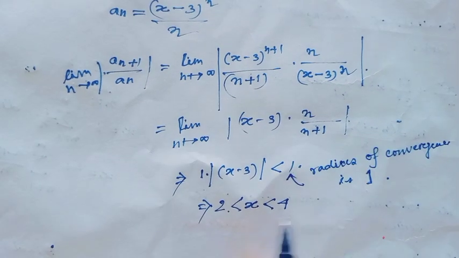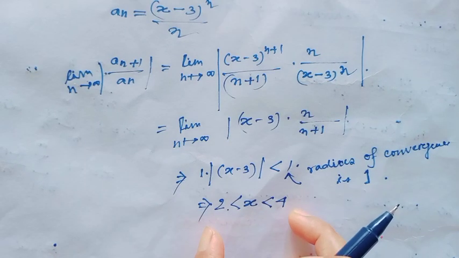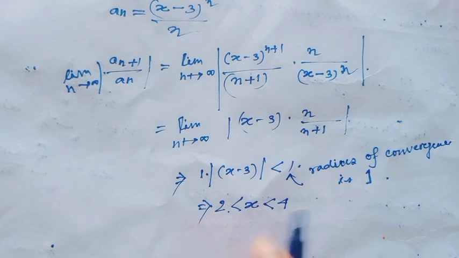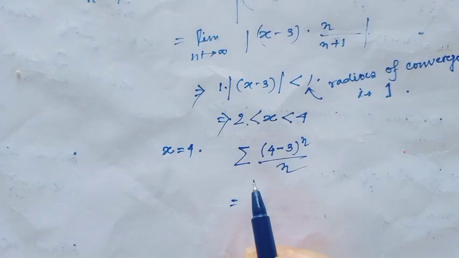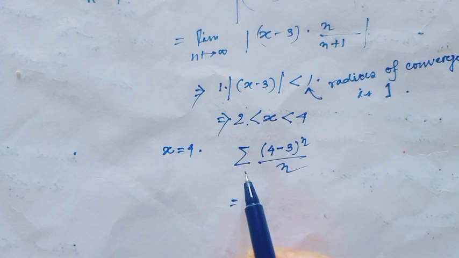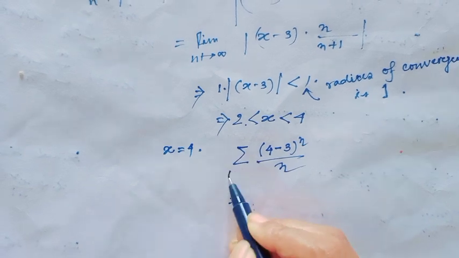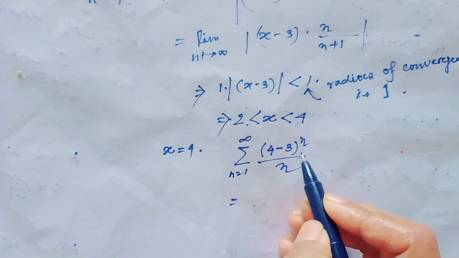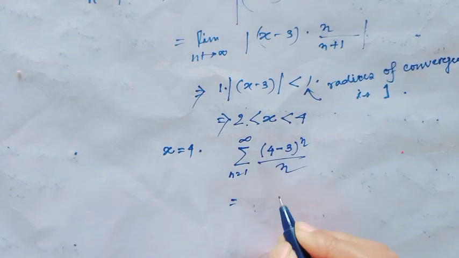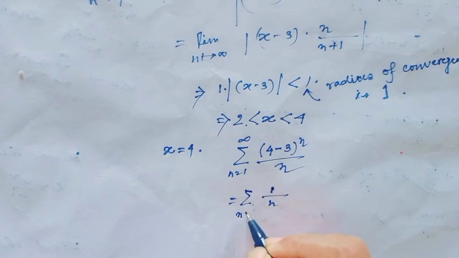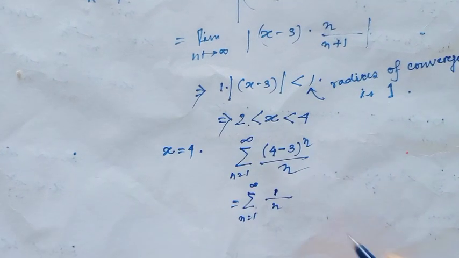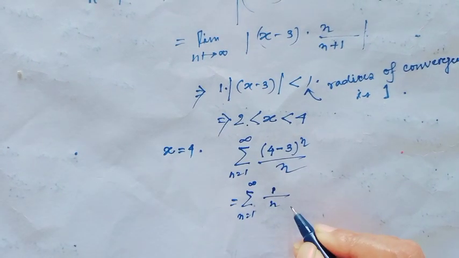Let's see whether the series converges at the endpoints. For this, at first I will check x equals 4. Then the series from n equals 1 to infinity of (4 minus 3) to the power n over n is actually the series of 1 over n, and this series is the harmonic series.